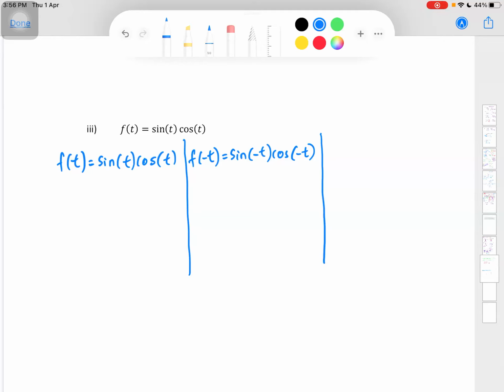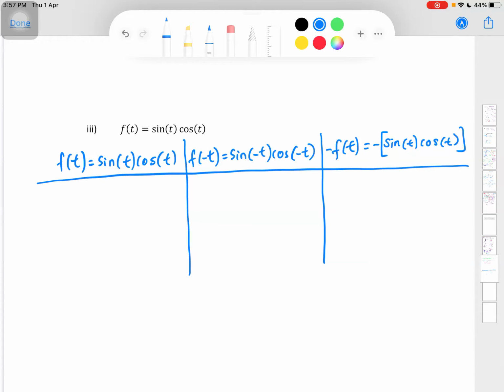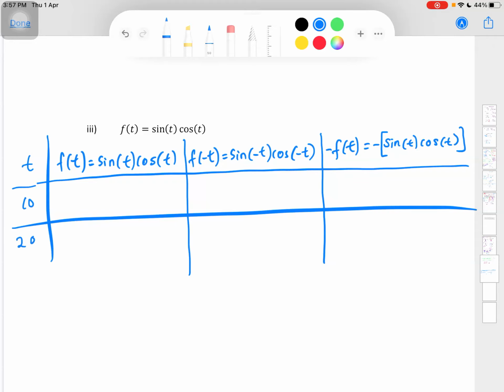For the third one, we need minus f of t, so it will be minus sine t cosine t. Let's say we use t equals 10 and 20 maybe. Let's try.